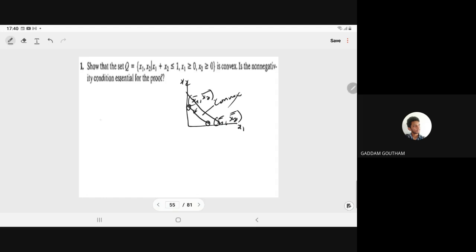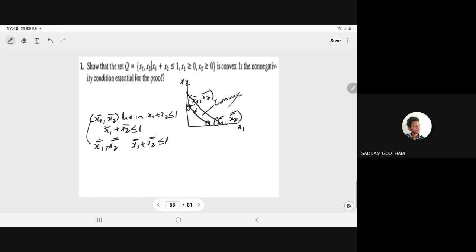So x1 bar and x2 bar lie in x1 + x2 ≤ 1, which means they satisfy the condition x1 bar + x2 bar ≤ 1. Similarly x1 double bar and x2 double bar also lie in the convex set, so x1 double bar + x2 double bar ≤ 1.